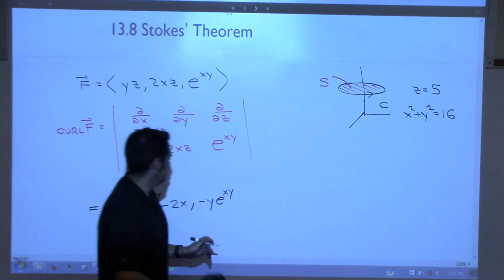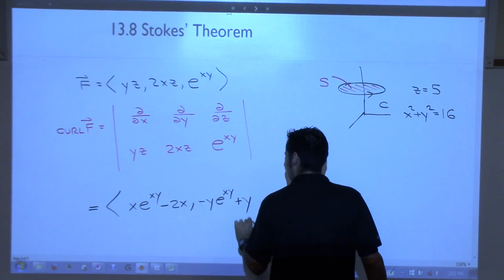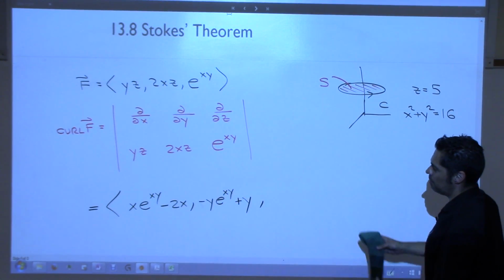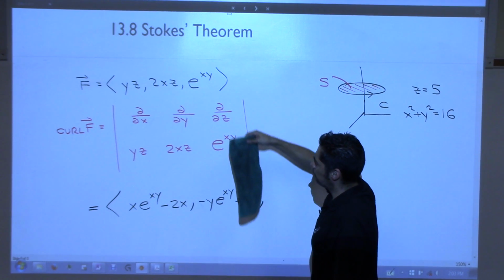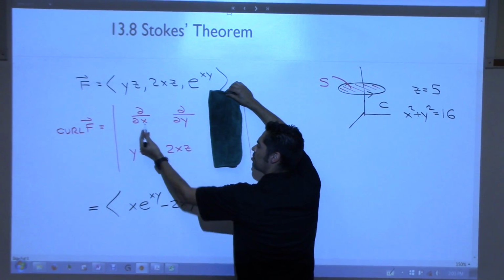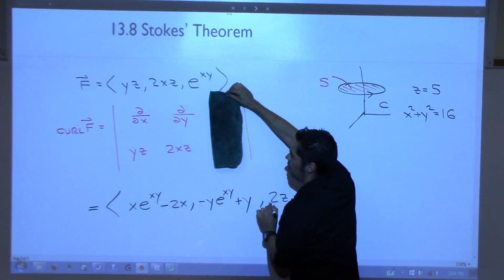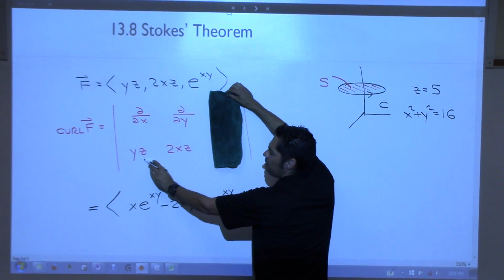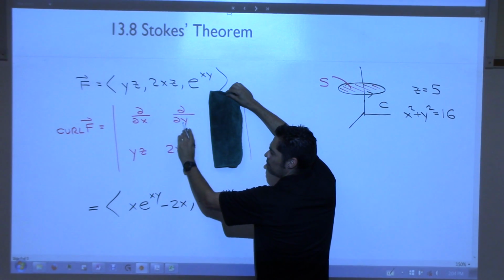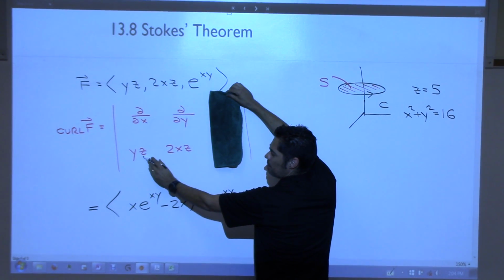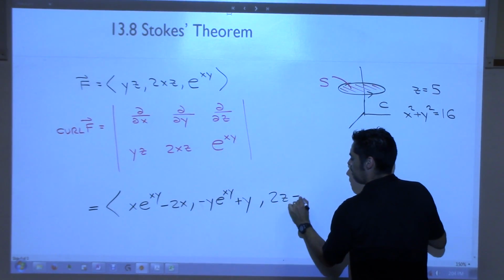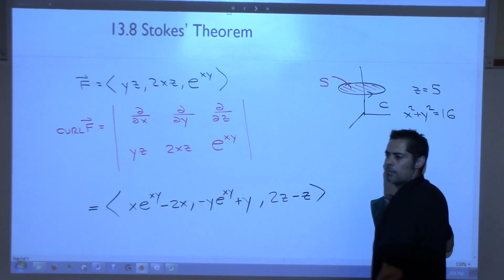So plus. All right. And then the last one, and this is the most important one, right? Partial with respect to x of this, 2z. And then partial with respect to y of this is just z, but then subtract it. So minus z. Agreed?